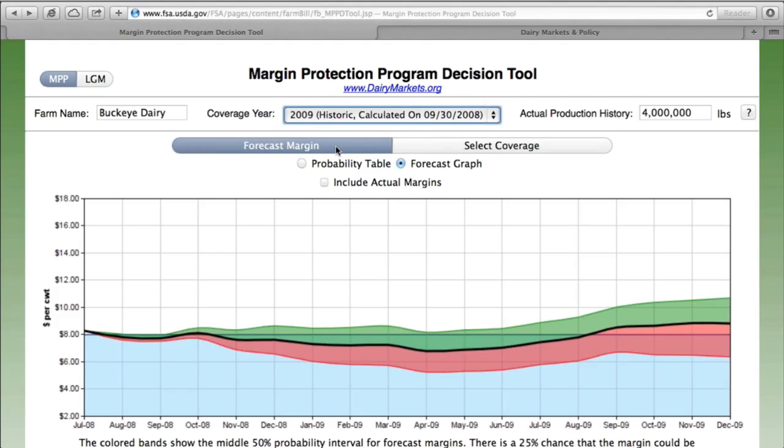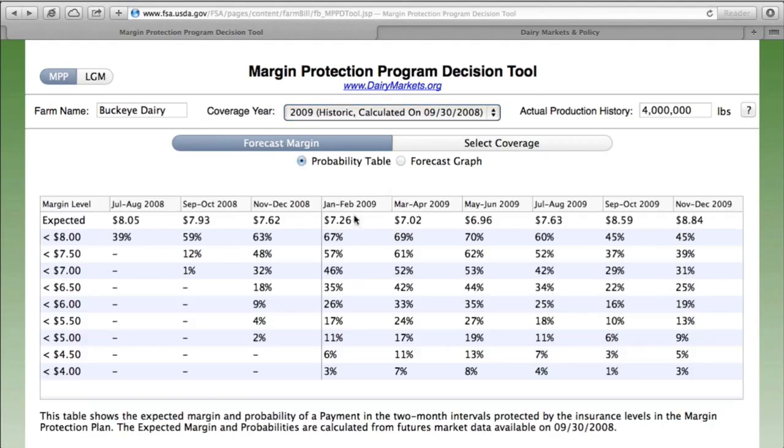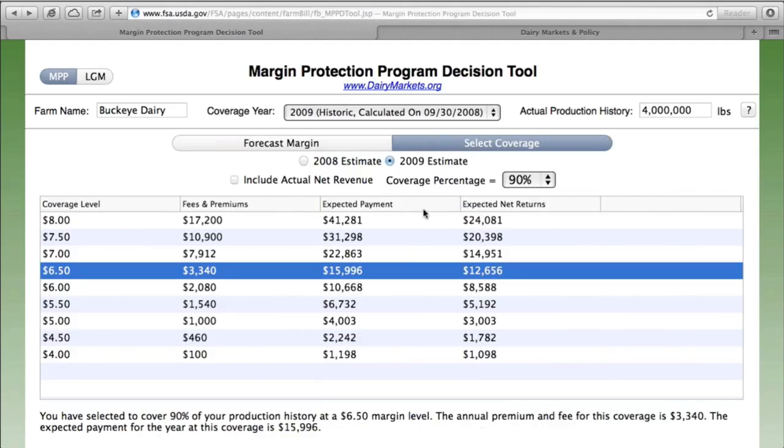This is 2009. We can look at the probability table. So in September of 2008, there was over a 70% probability that margins during the flush season were going to trigger MPP payments at or below $8 per hundredweight. So a farmer looking at this information could make an informed risk management decision and think about how this program would work for me as a safety net during a catastrophic decline in farm equity.